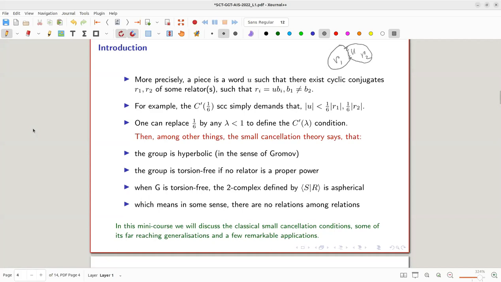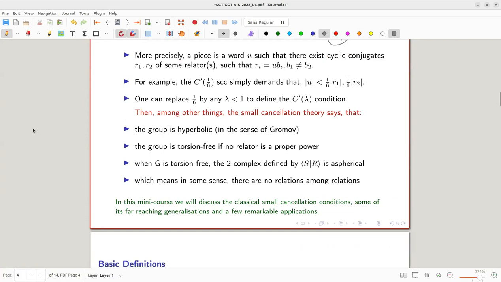I understand that in this workshop we have seen many results regarding hyperbolic groups. So this is one addition to the class of hyperbolic groups: the small cancellation groups C prime lambda, where lambda is less than 1/6. We will see the proof of this fact.